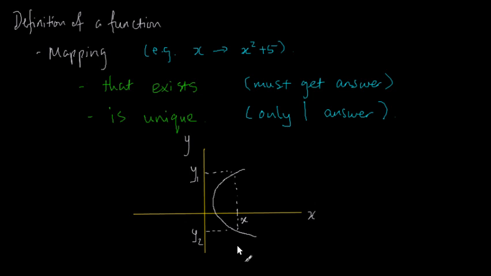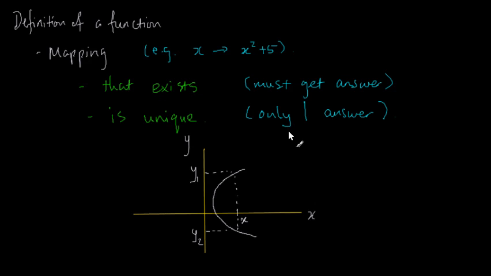But the problem is, not a problem for the mapping, but a problem for a function, because if I have a mapping that gives me two answers, then the answer is not unique.